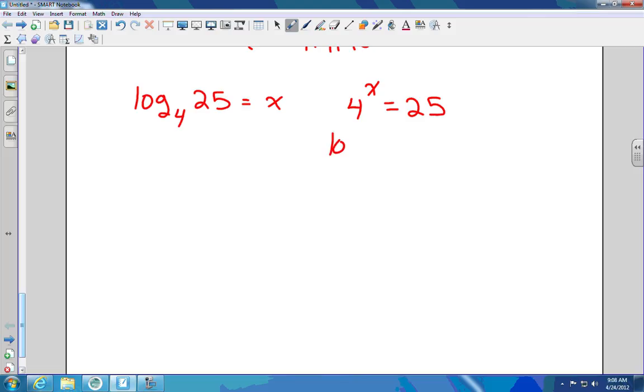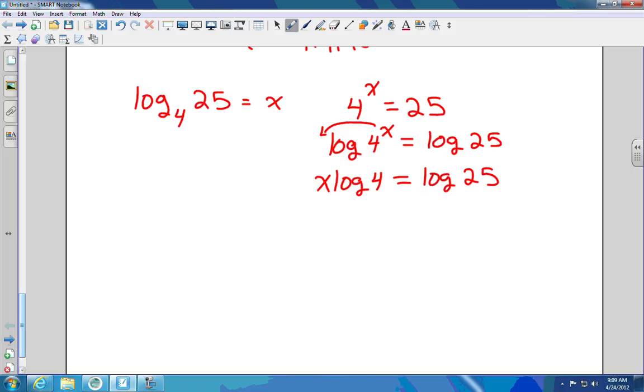So we had log 4 to the x equals log 25. And then what? Bring the x around. So we had x log 4 equals log 25.